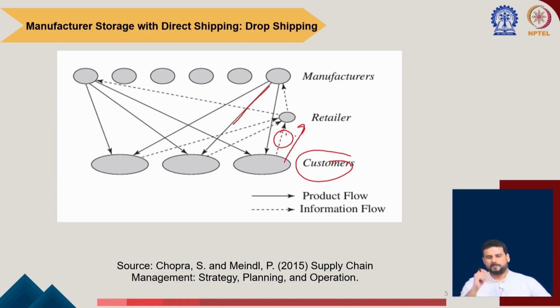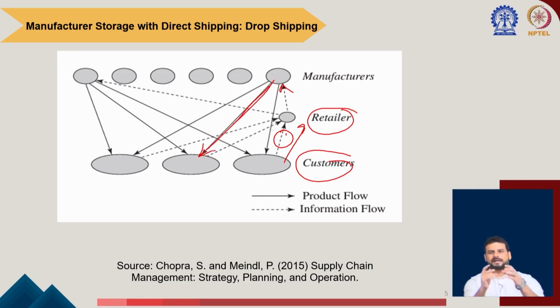What you will do is visit the retail shop and see all the different designs, right? And then you will finalize the color, the design, the quality, whatever marble you want, right? As per that, the retailer will record the order and this information will be given to the manufacturer. The manufacturer will directly ship the product to the customer's end.